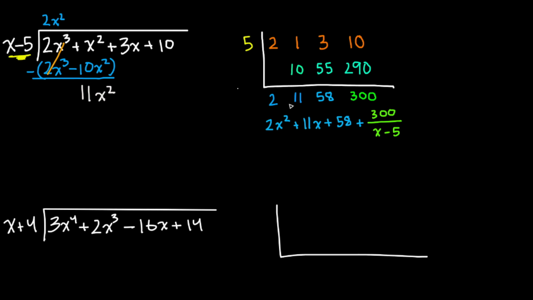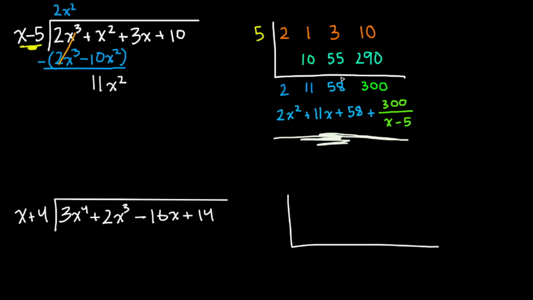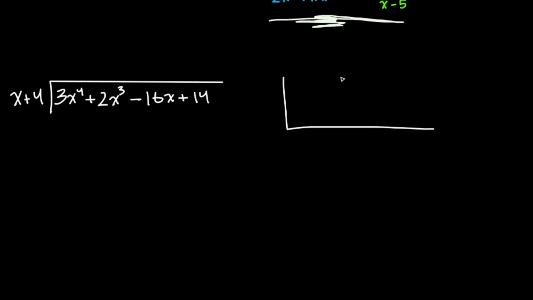And that will be our final answer. So now, let's move on to the final problem. I highly encourage you, just try the long division out and see if you get the same answer. And you'll realize perhaps how much quicker this version would have been, and maybe less tedious as well.